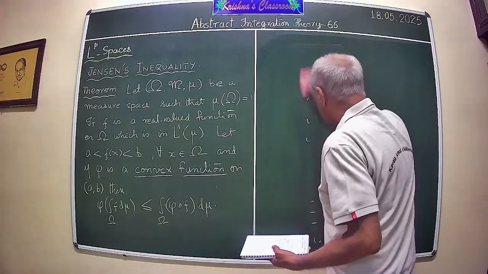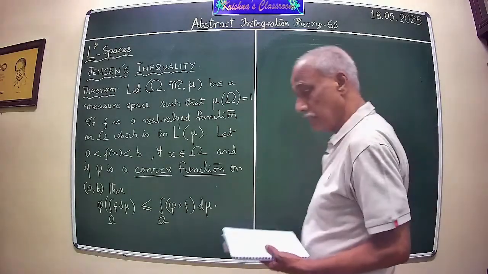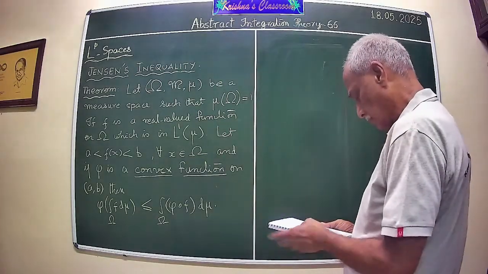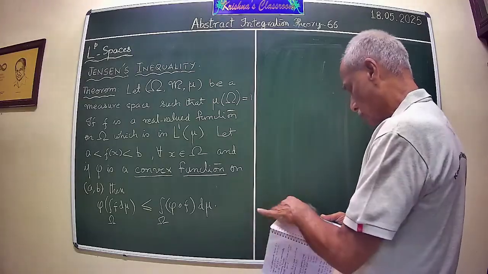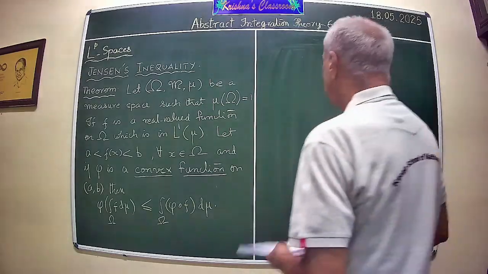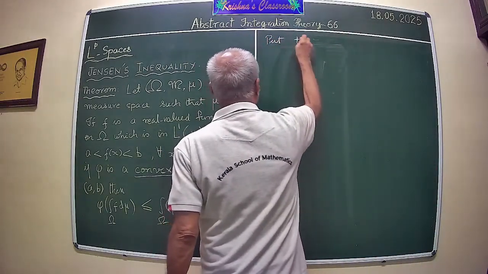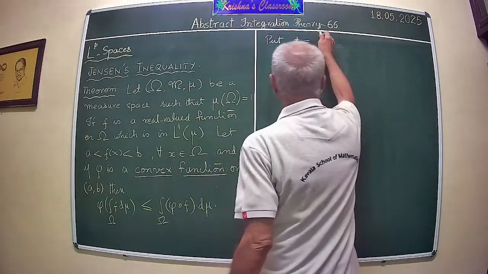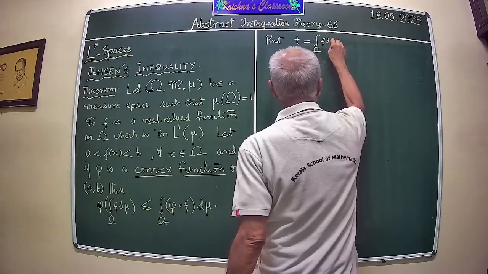So we in fact make use of the above inequality in our work. How do we do that? Take t equal to integral over omega f dmu.